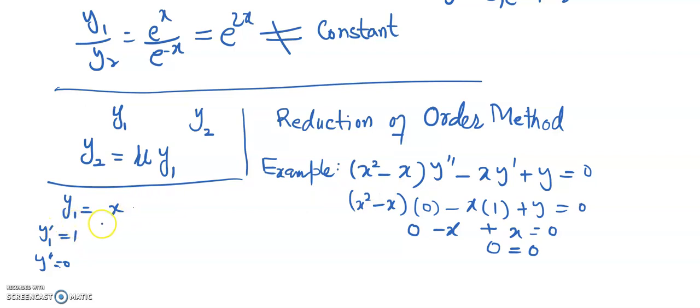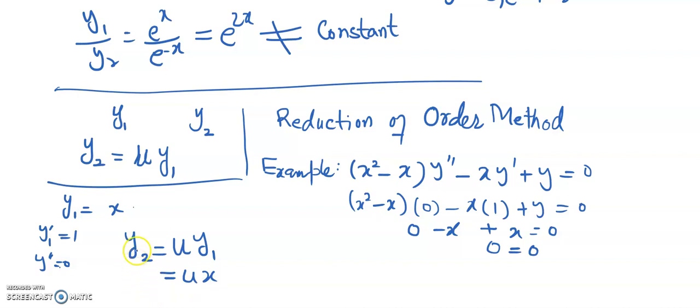So we verify that this is a solution of this equation. We know one solution, but we want to find the second solution, y2. The second solution will be linearly independent, which means it will be some function times the first solution. So y2 equals u y1, or putting in y1, u x.